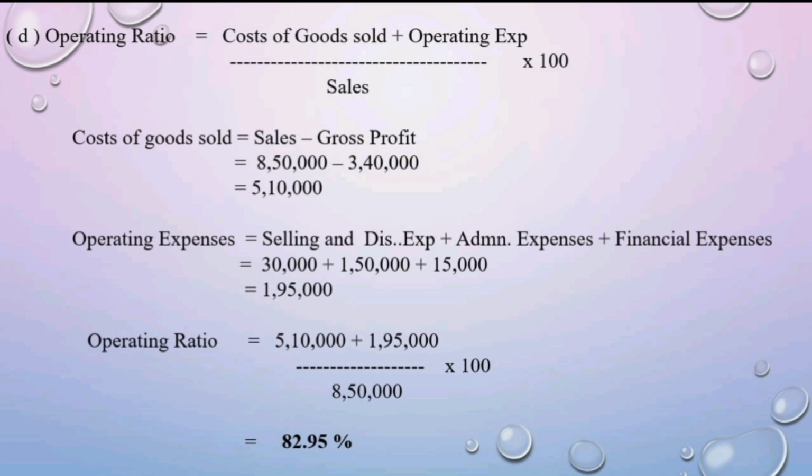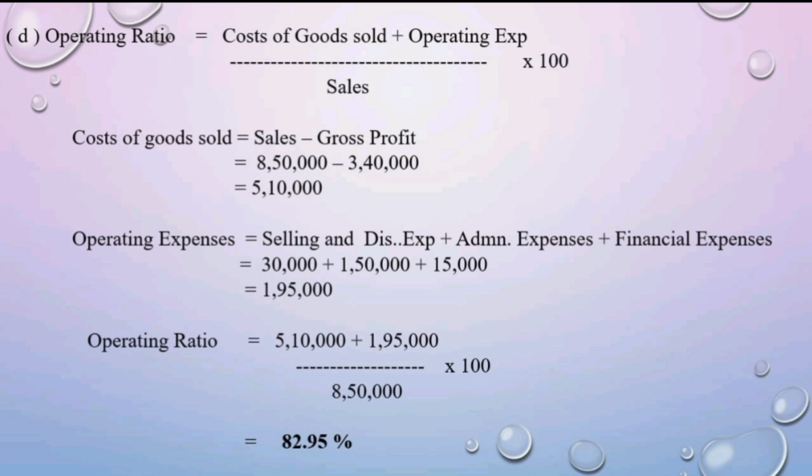Next we calculate operating ratio. The operating ratio formula is cost of goods sold plus operating expenses by sales into 100. Cost of goods sold means sales minus gross profit. For this trading account, sales 8,50,000, gross profit 3,40,000 are given. So cost of goods sold for this sum is 5,10,000. Next we find out operating expenses.